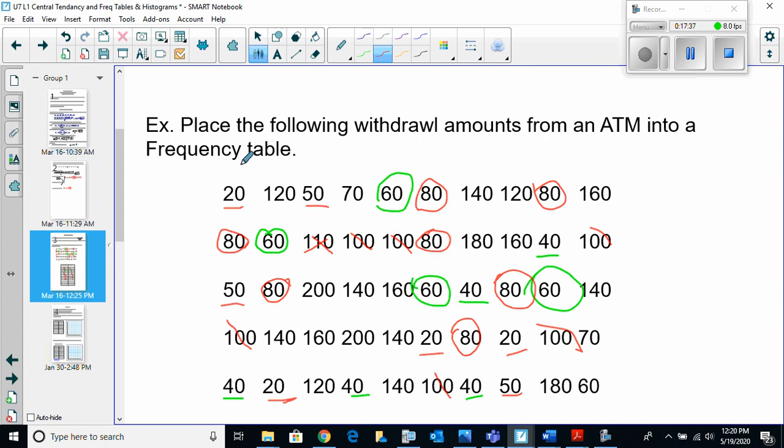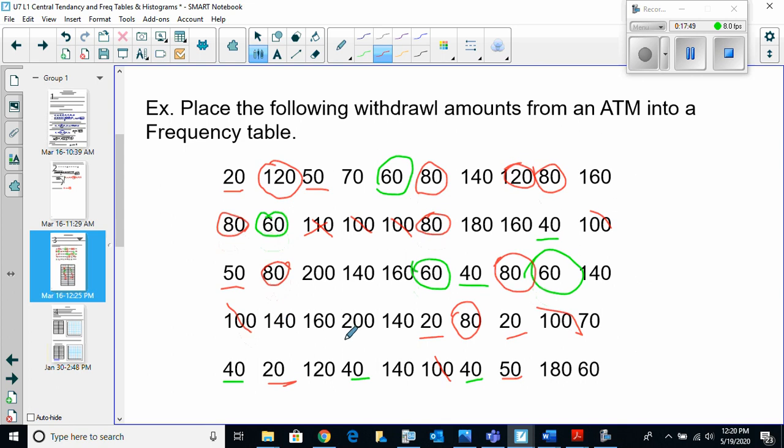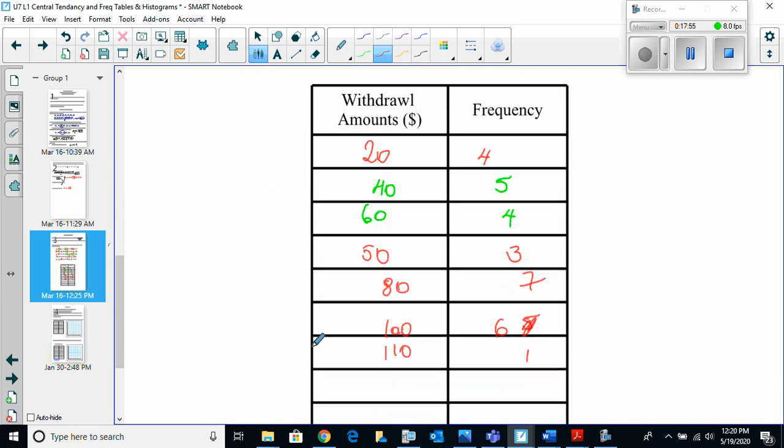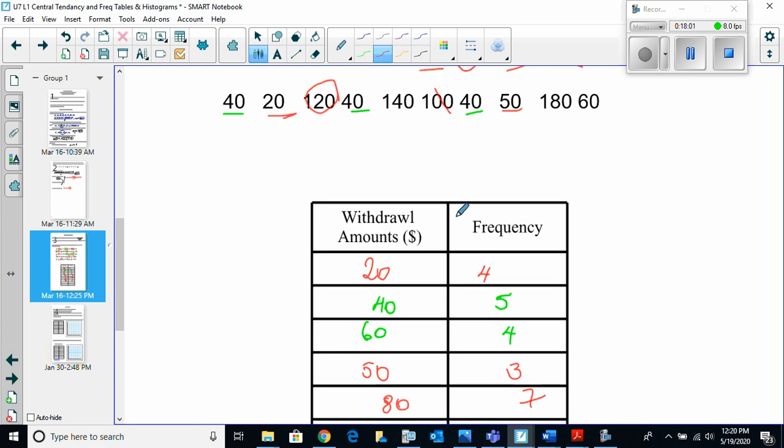And then after that is 120. So 1, 2. This is a bit boring, but 3. So 120 is 3 times.